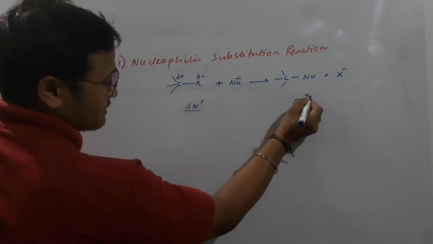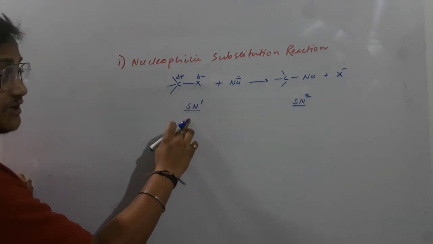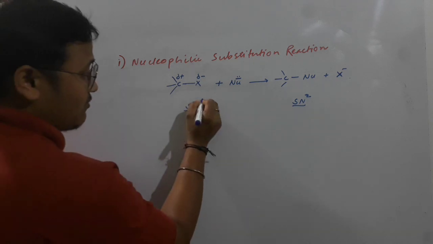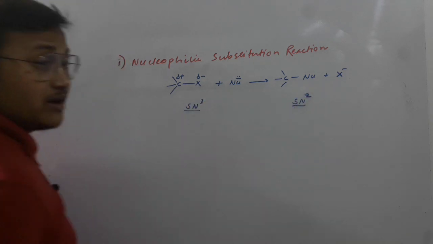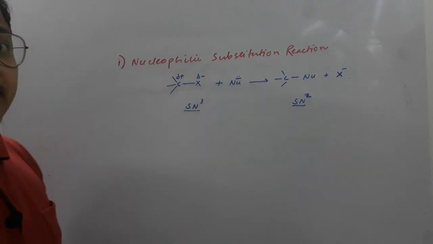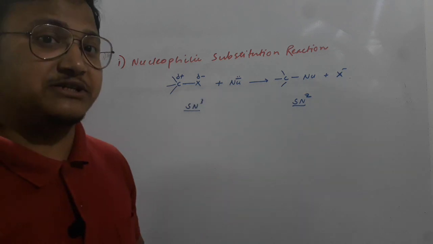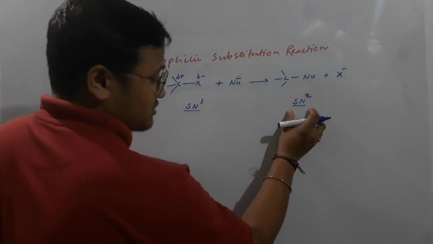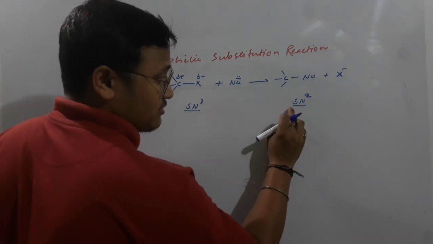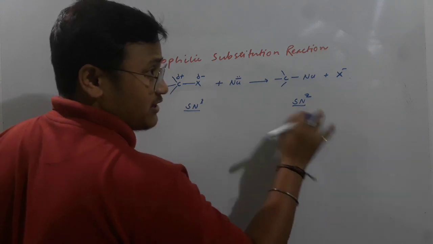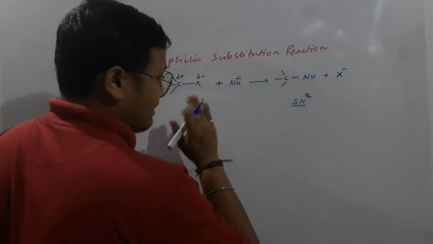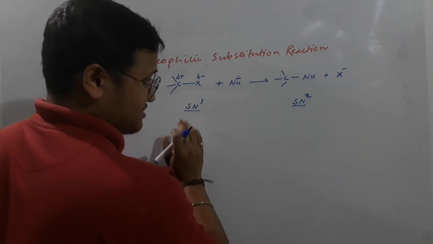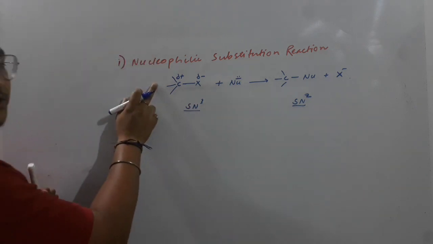SN1 is known as nucleophilic substitution unimolecular, because one molecule is involved. The numbers 1 and 2 are their molecularity, meaning the number of reacting species in the reaction. SN2 is known as nucleophilic substitution bimolecular, where two molecules react. Now we will discuss these two mechanisms with respect to this particular reaction.